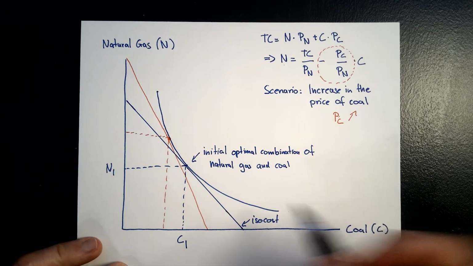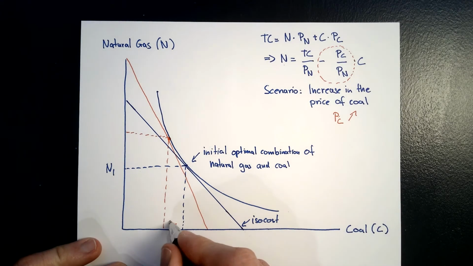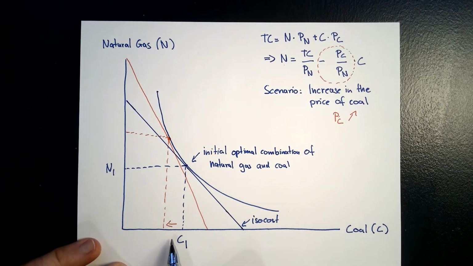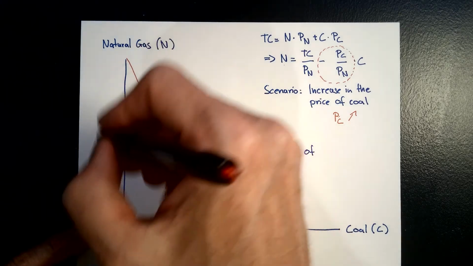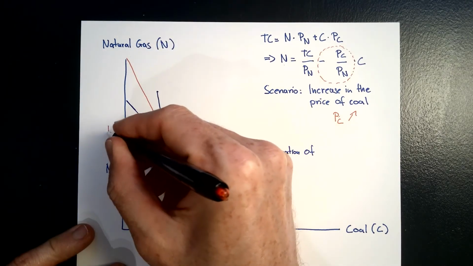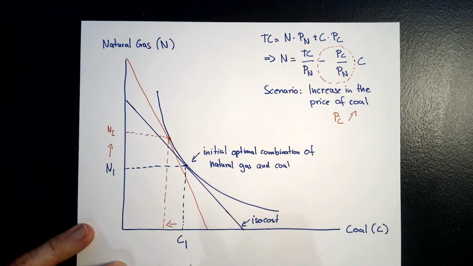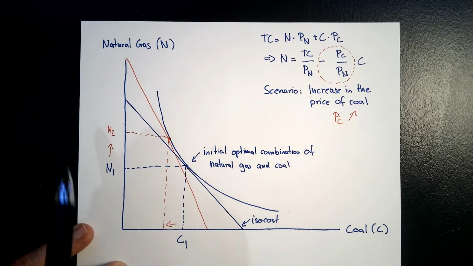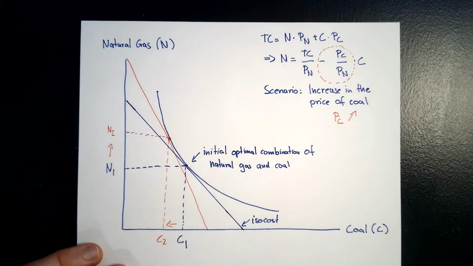Now, as you can see, the model predicts a decrease in the usage of coal and an increase in the usage of natural gas. So we now produce electricity using N2 units of natural gas and C2 units of coal.